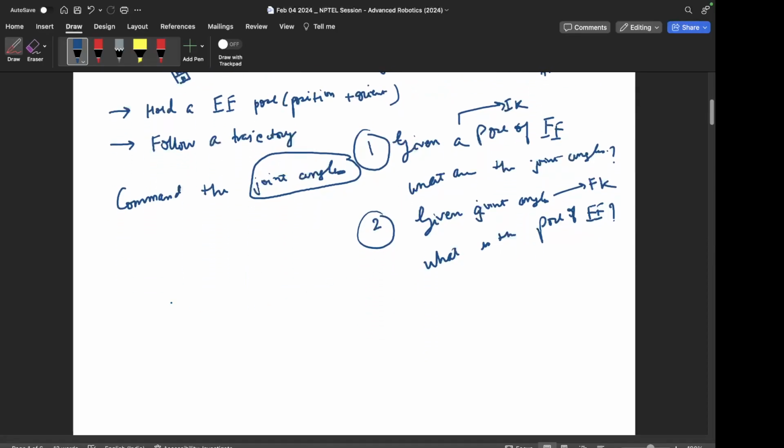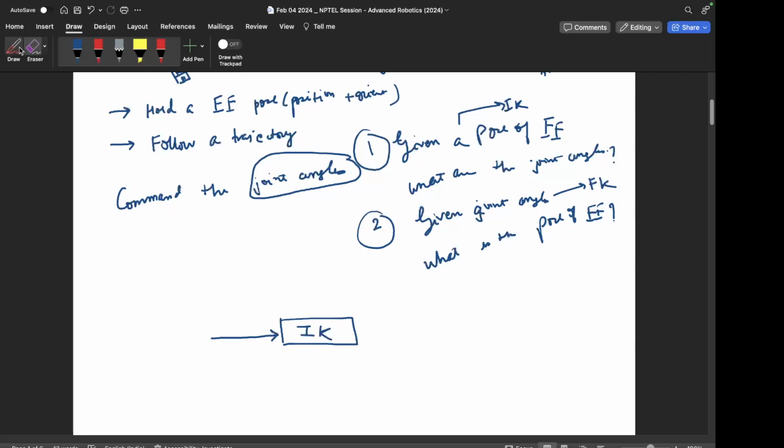So moving ahead, we can draw a flow diagram like this. Inverse kinematics, commonly written as IK, takes the joint angles. I will denote the vector of joint angles as Q. No, let me correct this.